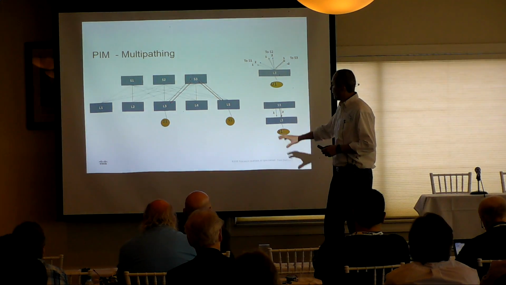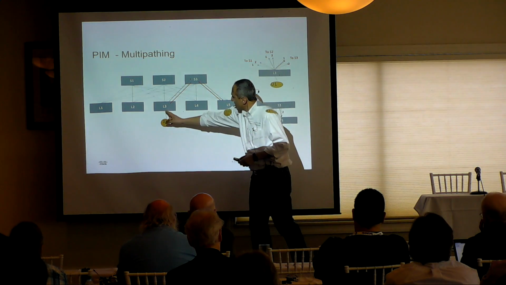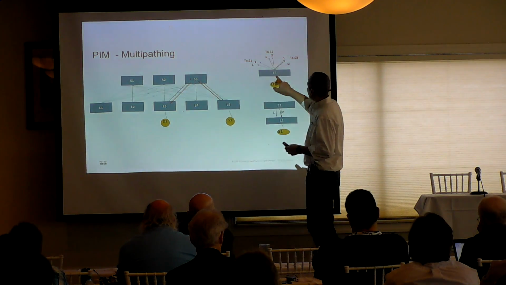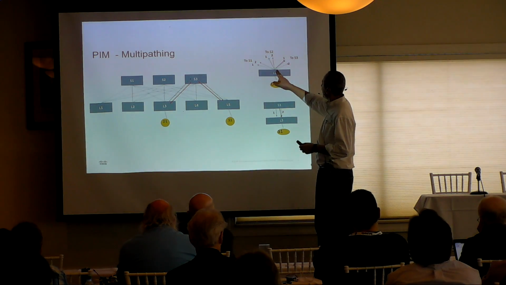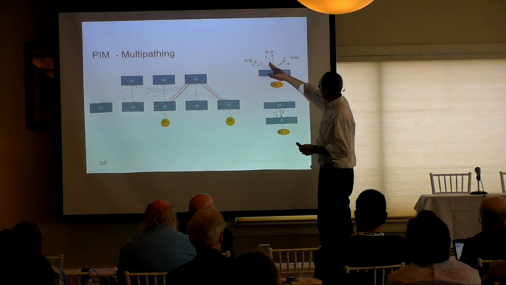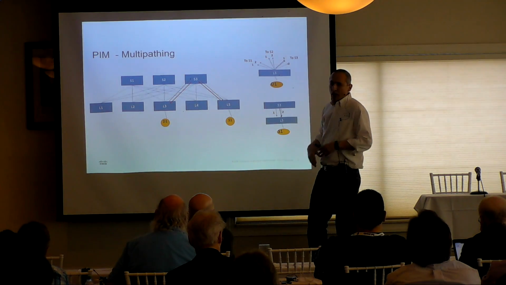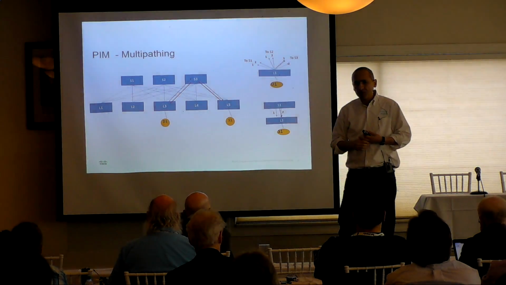If the destination sends an IGMP join, the view from leaf 3 is like this. I have 6 links, 2 going to each spine. Where do I pull the stream from?